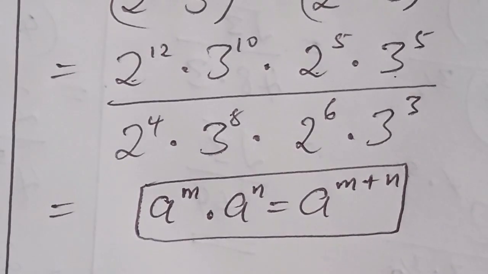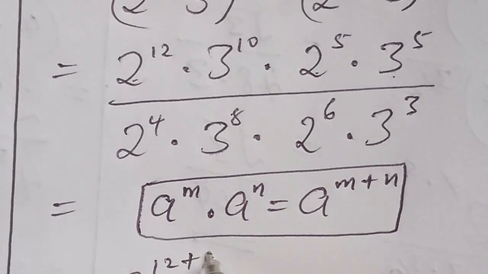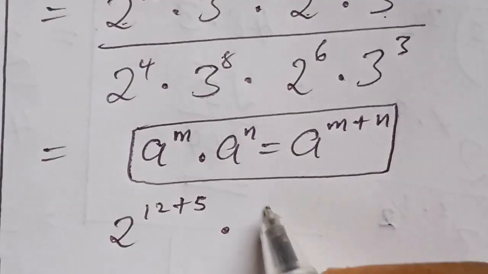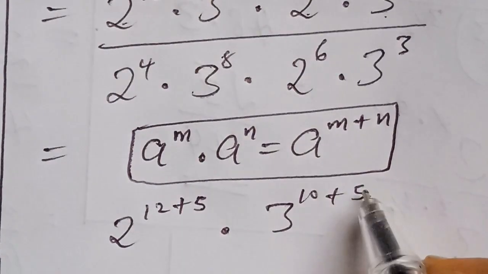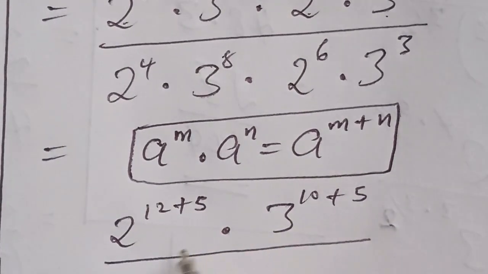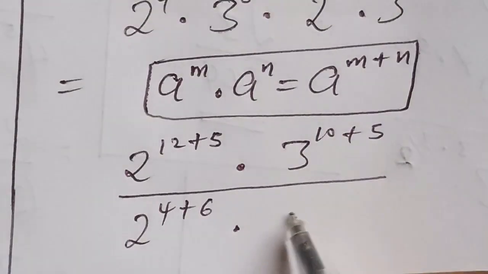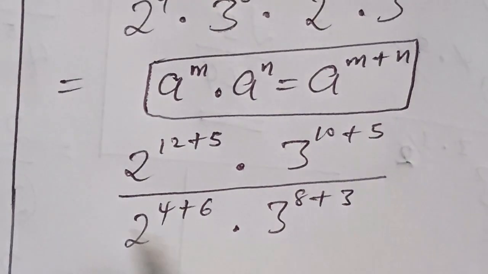From the numerator, we have 2 to the power of 12 plus 5, that is 2 to the power of 17, multiplied by 3 to the power of 10 plus 5. For the denominator, we have 2 to the power of 4 plus 6, multiplied by 3 to the power of 8 plus 3.